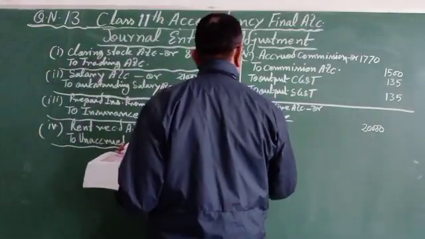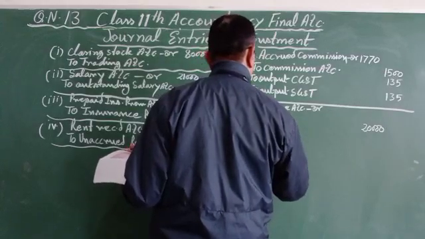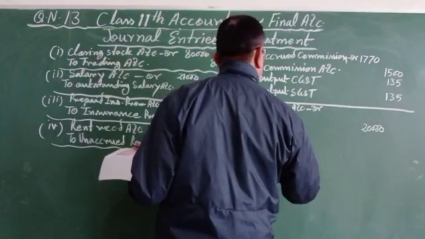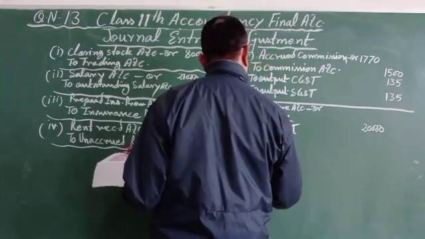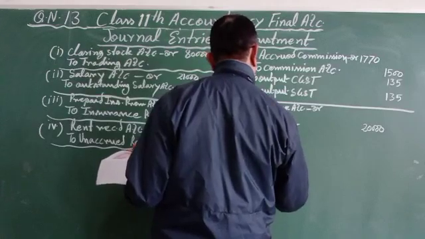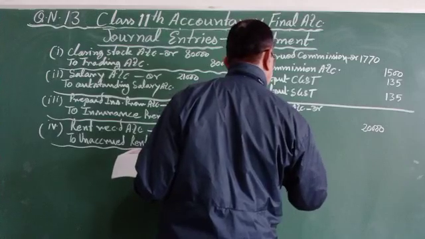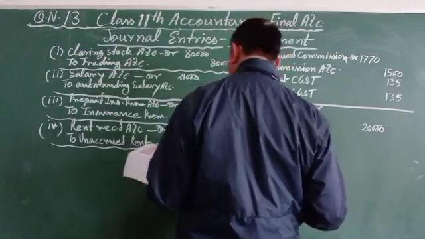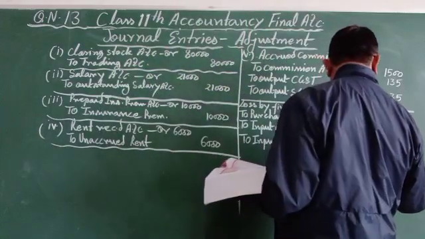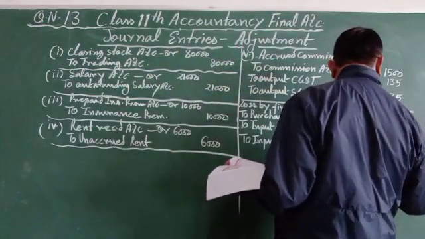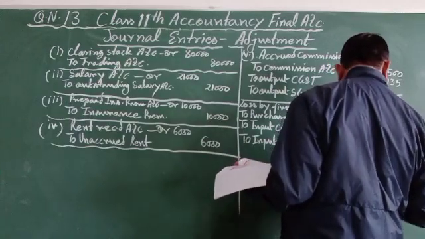So to input CGST, to input SGST. 20,000, 1,800, 1,800 and 1,800.